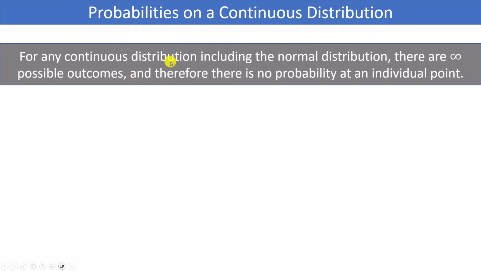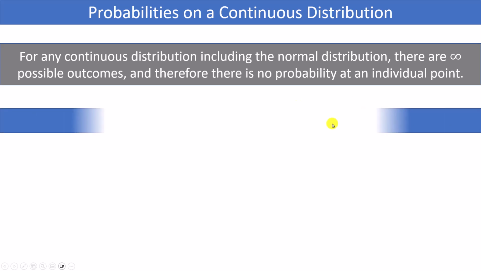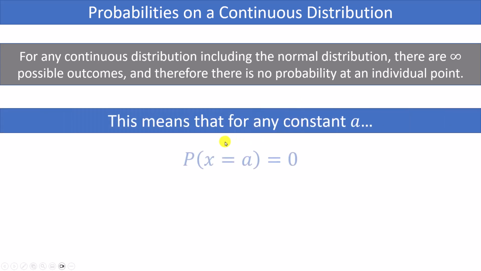For any continuous distribution, including the normal distribution, there are an infinite number of possible outcomes, since we can choose any decimal no matter how precise. And therefore, there is no probability at an individual point. That means for any constant a, the probability that x is equal to a exactly is going to be 0.